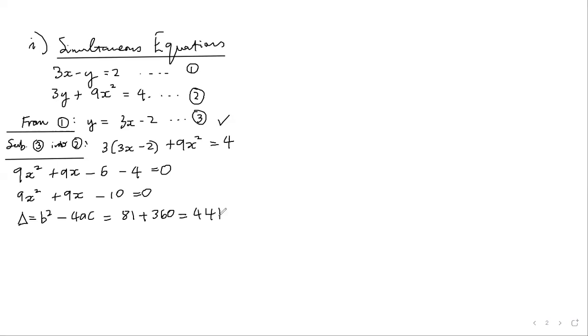So at this point, if you'd bear with me, I just need to use a calculator to check the validity of my discriminant. It looks unusual. So that's 81 minus 4 times 9 times negative 10.